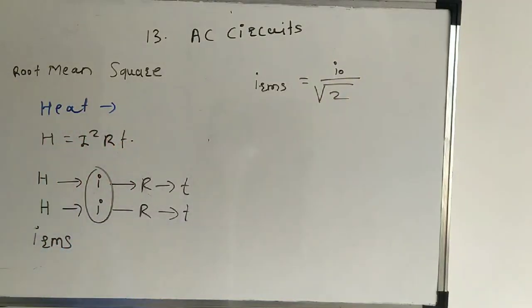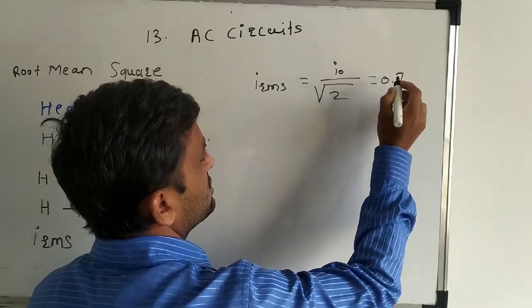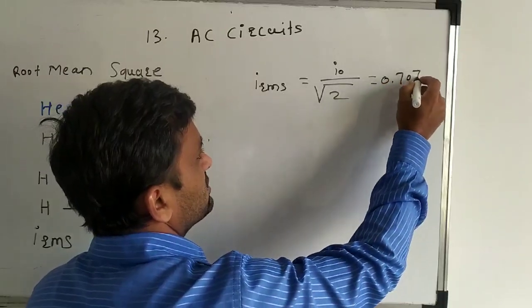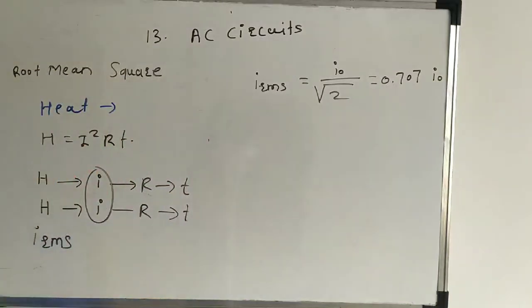If you put the value of square root of 2 and take the reciprocal of that value, then we get the final value as 0.707 of I naught. So this is the relation between IRMS and peak value of current, that is I naught.